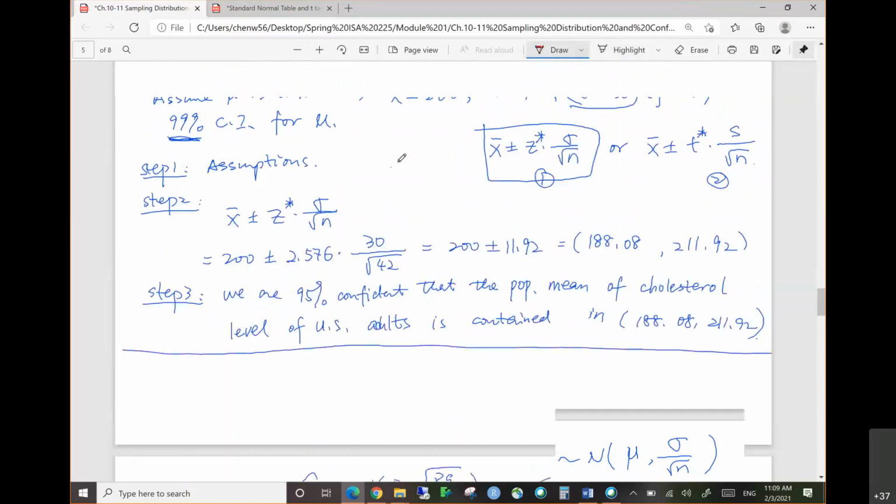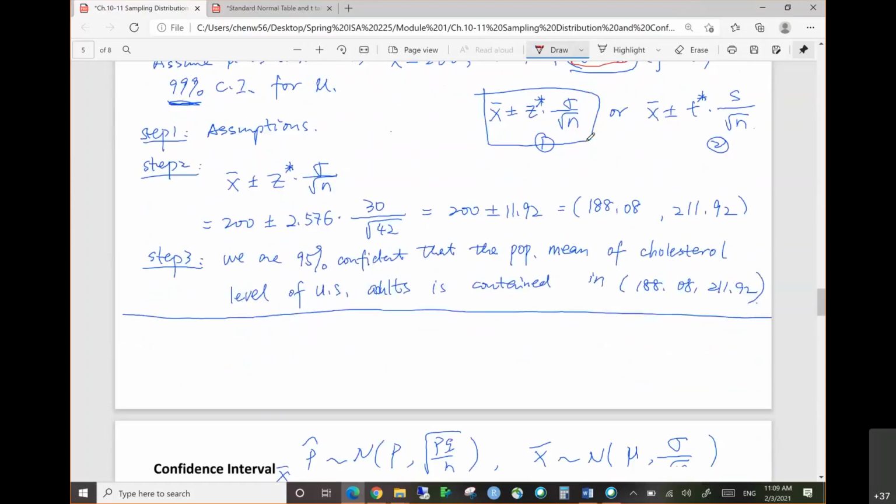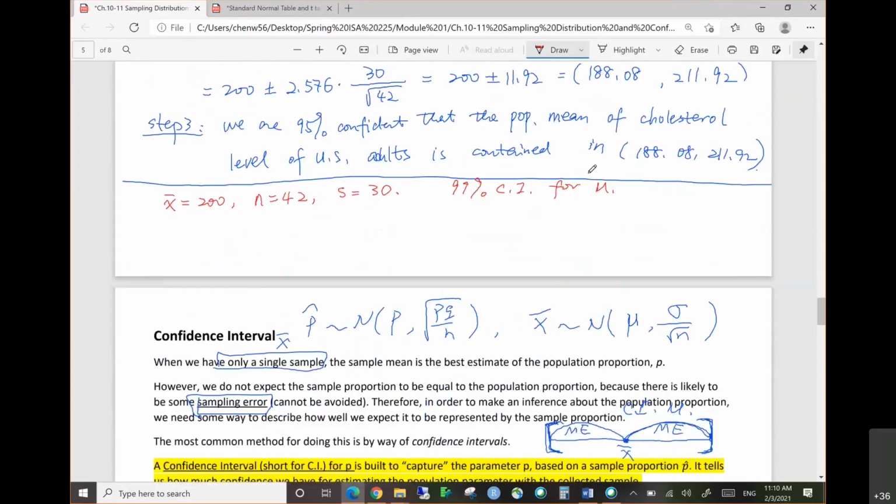What if this 30 is not a population standard deviation? What if I just give you a sample, with sample mean 200, sample size still 42, and now this 30 is not the population standard deviation but the sample standard deviation? I still want a 99% confidence interval for mu. Nothing changes except the formula.